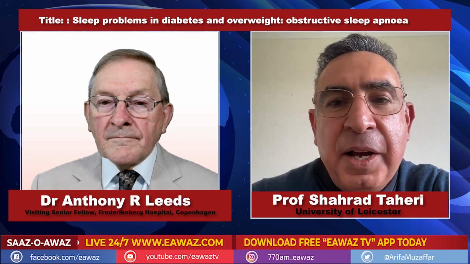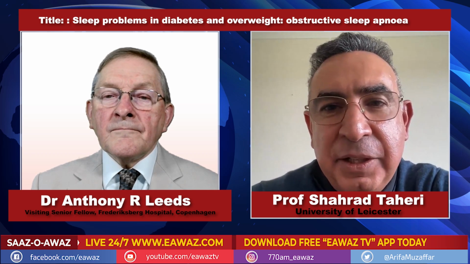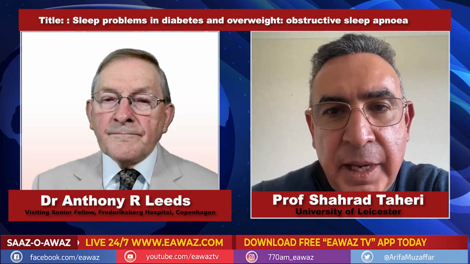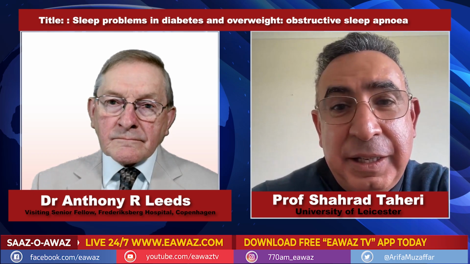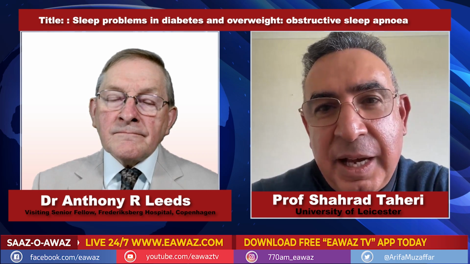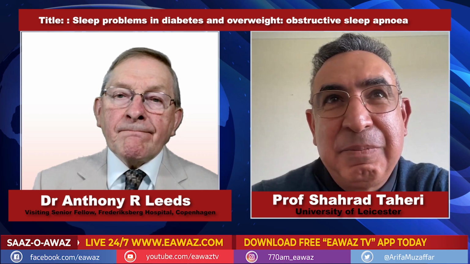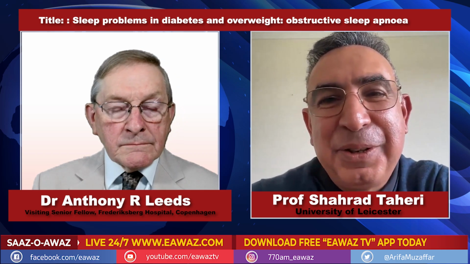It becomes either smaller or occluded, and is completely shut down. When it's completely shut down, there's no oxygen going into the lungs, which results in lower oxygen levels in the blood. This is a signal for the body that you're, in a way, drowning, because your oxygen levels are going down.